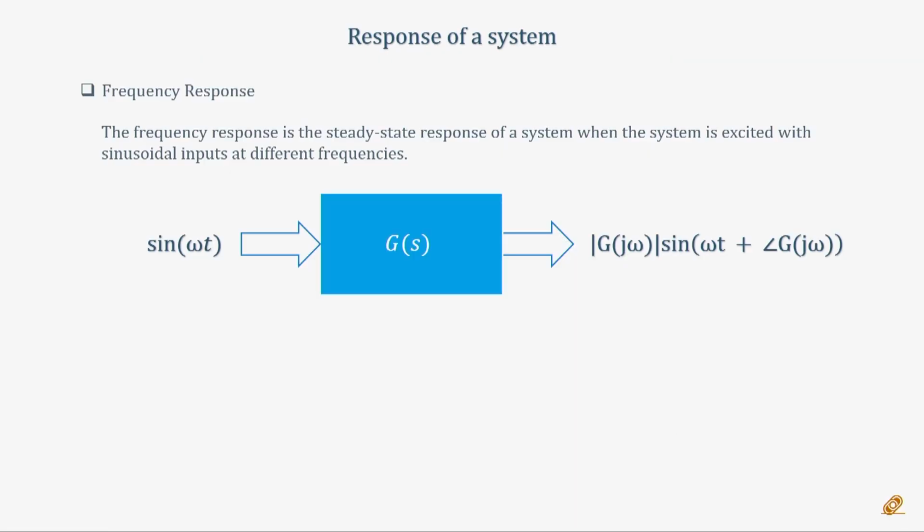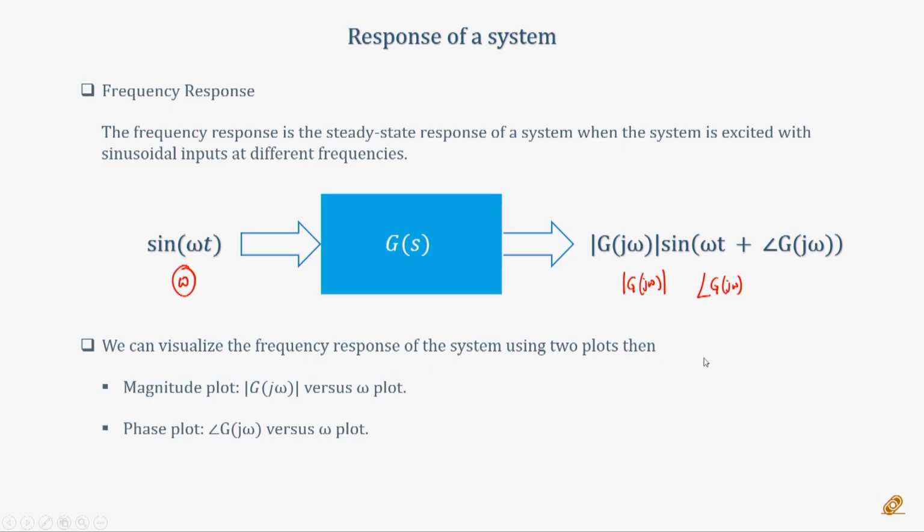Now, do you not think that if I tell you the frequency and you tell me the magnitude and the angle, with these three pieces of information I can tell you how the system is behaving at different frequencies? That is why we can visualize the frequency response of a system using two plots.